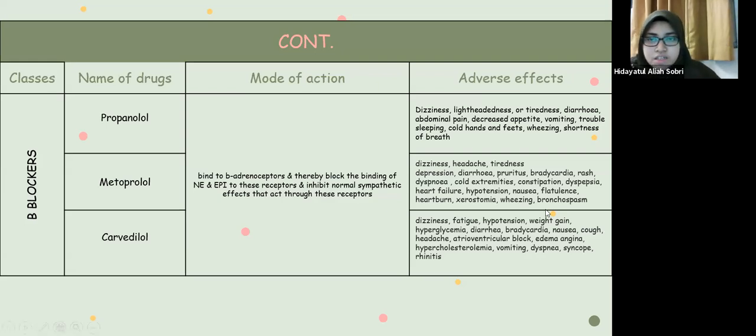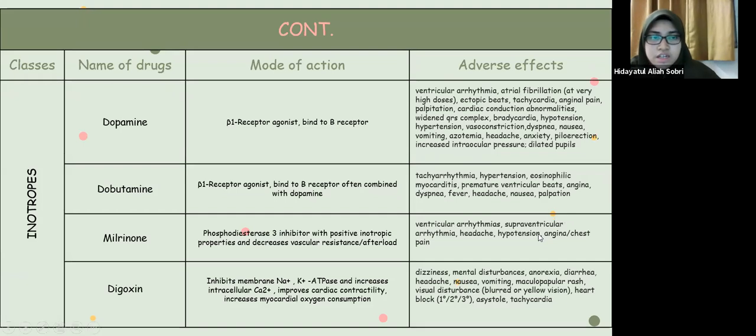These are the adverse effects for propranolol, which are dizziness, lightheadedness or tiredness, and others. Metoprolol is also similar: dizziness, headache, tiredness, cold extremities, constipation. And carvedilol: hyperglycemia, diarrhea, bradycardia, and others.